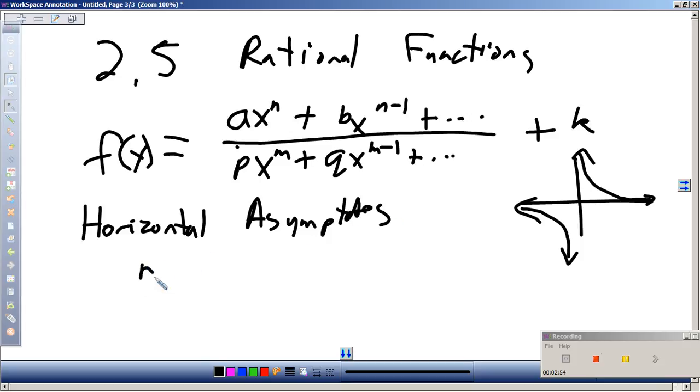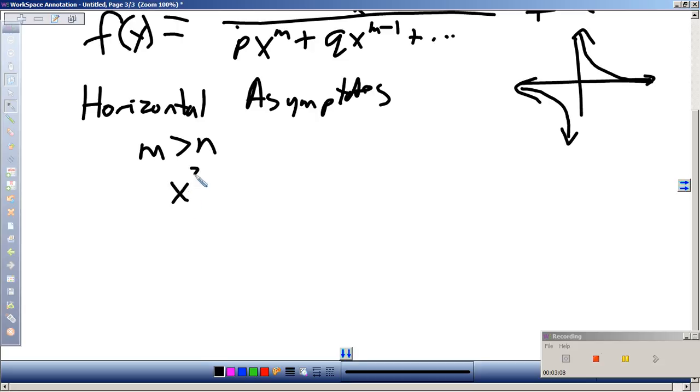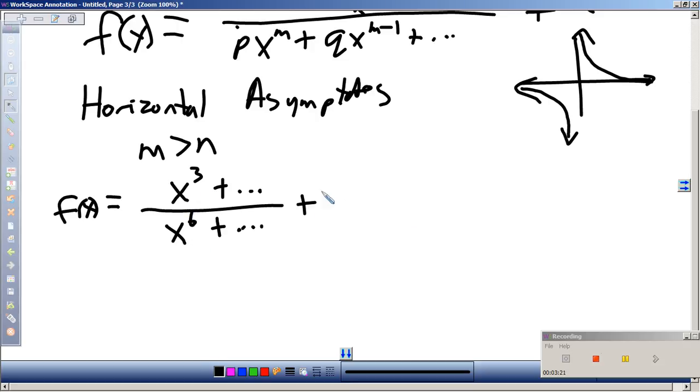Horizontal asymptote, if m is greater than n. So we have a function where the greatest power on the bottom is greater than the greatest power on top. So you could say x to the third plus whatever over x to the sixth plus whatever. So the power on the bottom is bigger than the power on top. What does the graph go to in the long run? Or what is the end behavior of this graph?